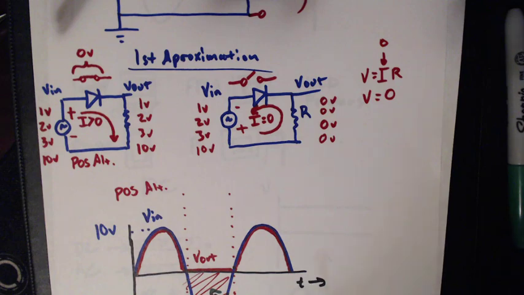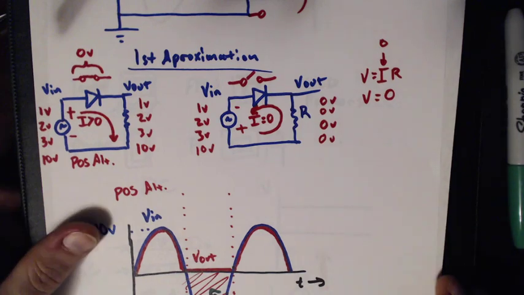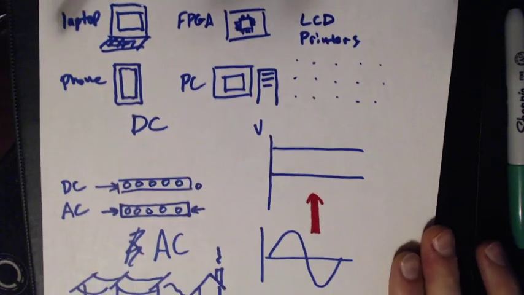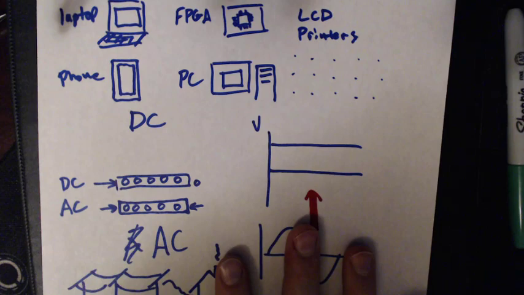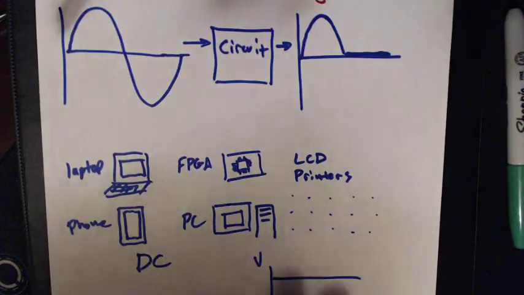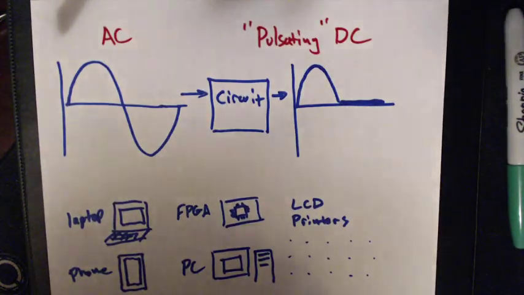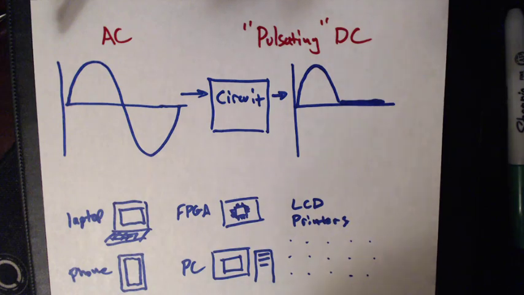But as we get more modern day and we have all of these digital devices, they really want DC, and so we need a way to convert the two. And this is the very start with that DiodeClipper circuit.